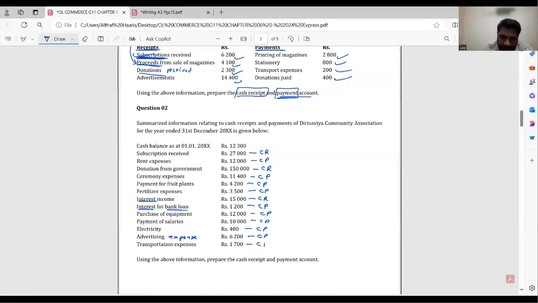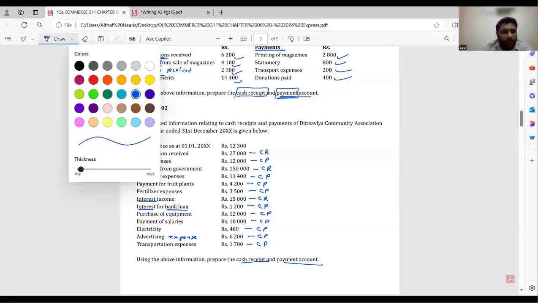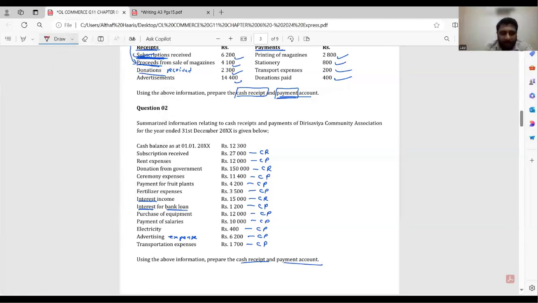Transportation expense, cash payment. They're asking us to prepare the cash receipt and payment account. So let me circle the receipt ones. Receipt, receipt, receipt, remaining everything payments.